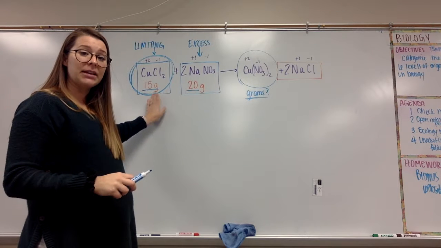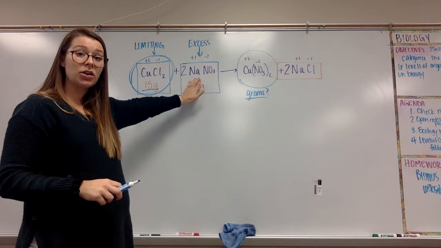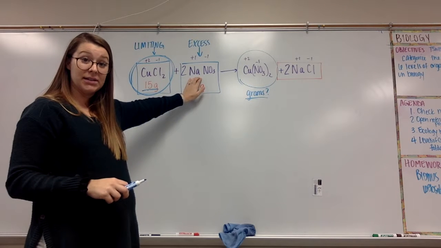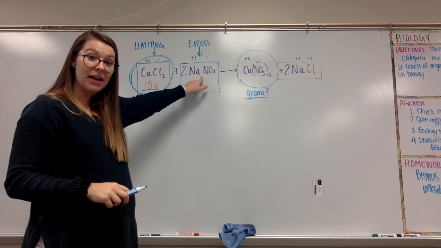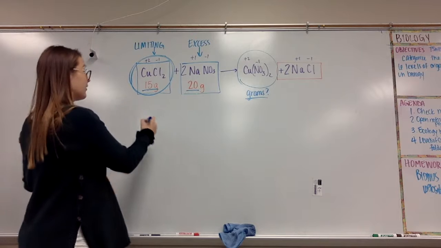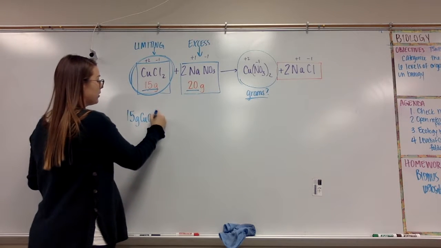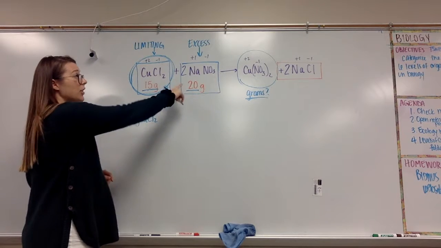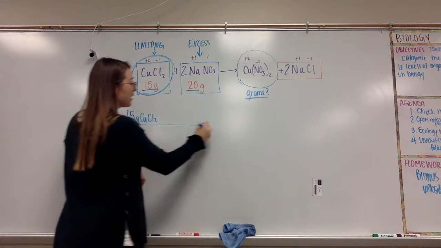So I'm going to take my limiting reactant and convert it to grams of this to see how much I'm going to use of this. And then I'm going to take that number and subtract it from how much I actually have. So I'm going to take 15 grams of copper 2 chloride, and I'm going to convert it to grams of my excess reactant. So a grams to grams problem here.